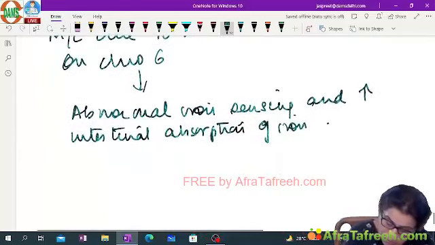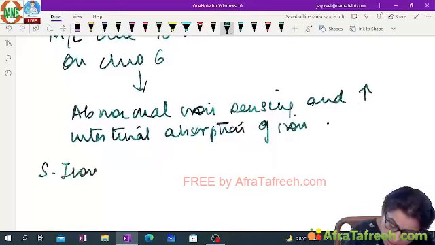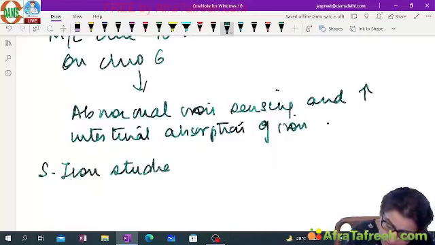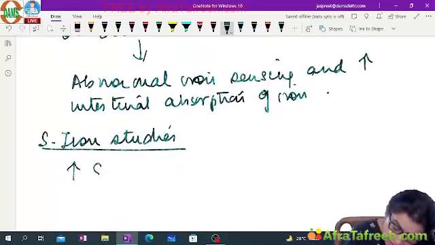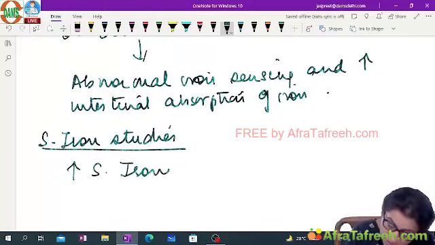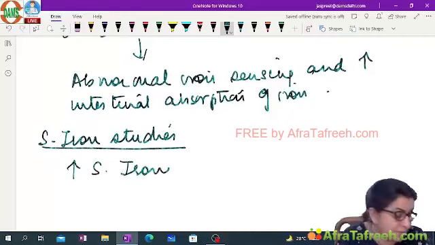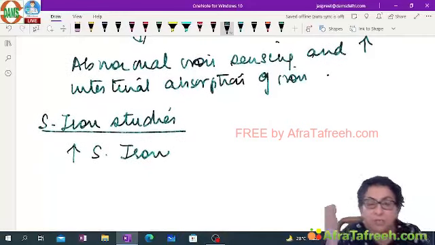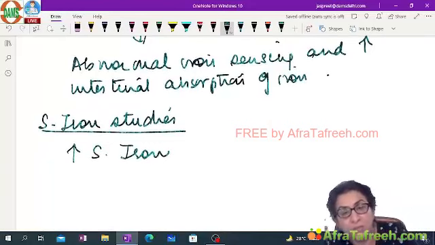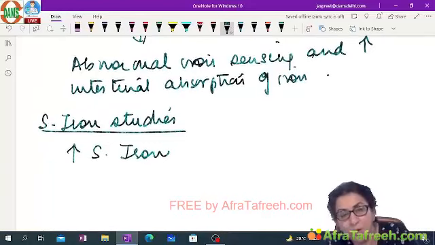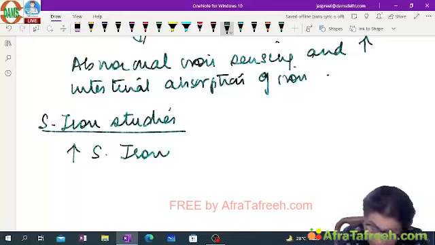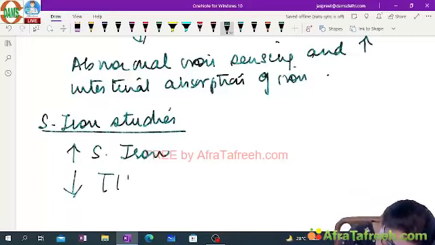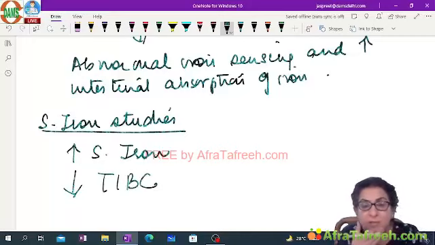If more iron is absorbed, then on serum iron studies, serum iron will be increased. Second, TIBC, the total iron binding capacity, will be reduced. There is so much iron that it will saturate the transferrin completely, so transferrin has no more capacity to bind iron.